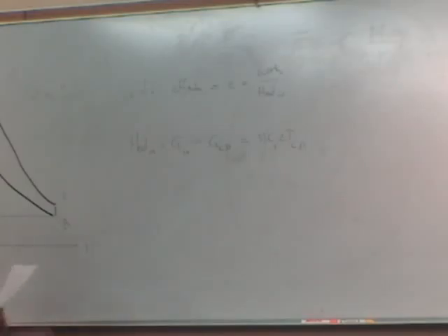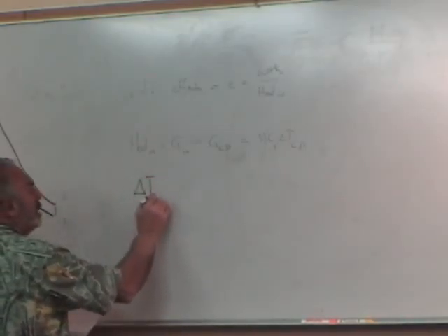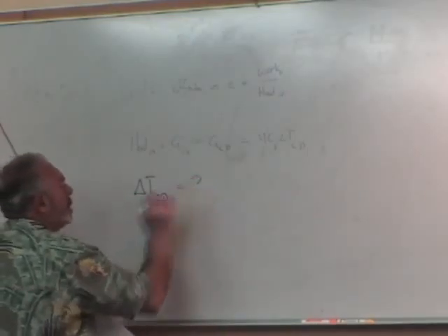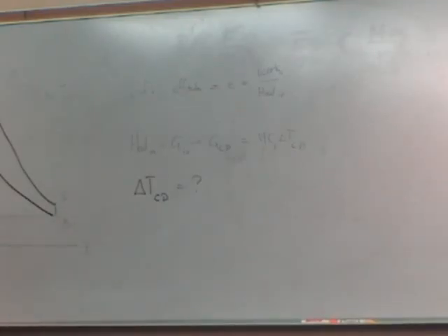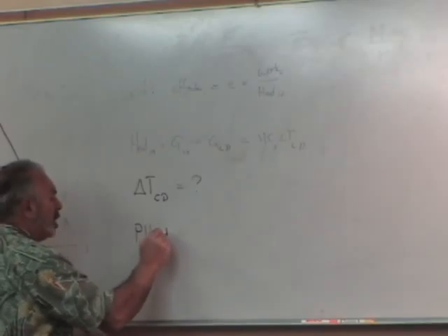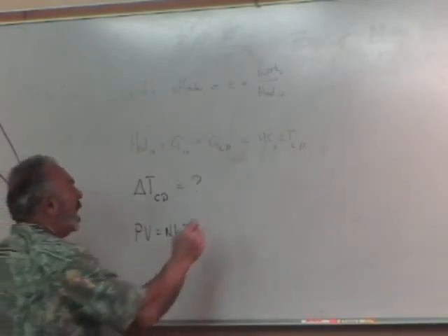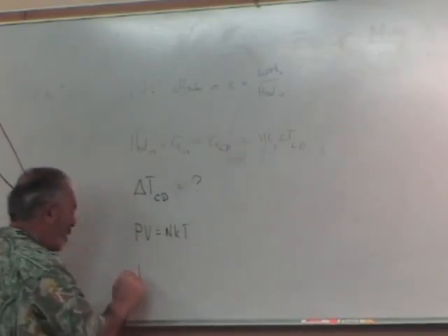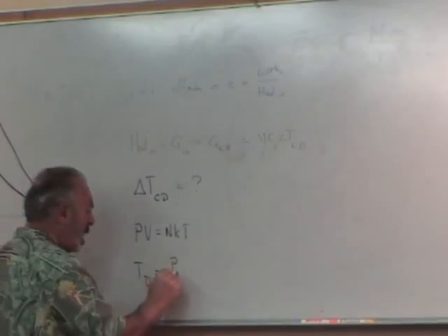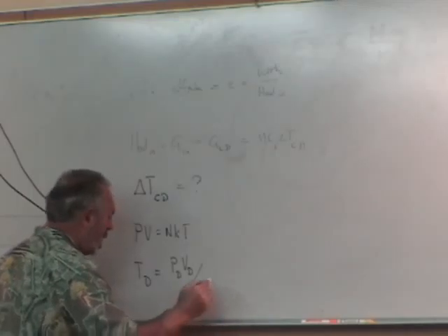So we need to get this. Let's see, hope this one works better. Delta T. Oh, that's much better. C to D. That becomes the question. And it's really pretty easy to do because, of course, you recall PV equals NKT. Hence, therefore, T at D is going to be P at D, V at D divided by NK.